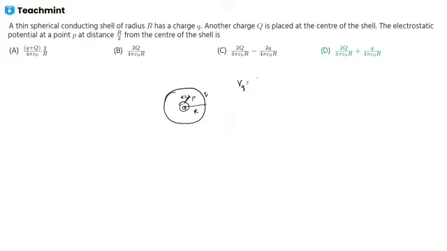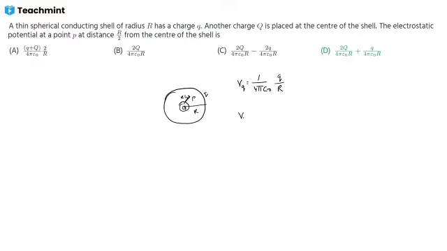Even though that point is inside, as you already know the potential will be constant inside the shell, even though the electric field is zero. Potential will be there, but it is constant. So it is 1 by 4 pi epsilon naught q by r.